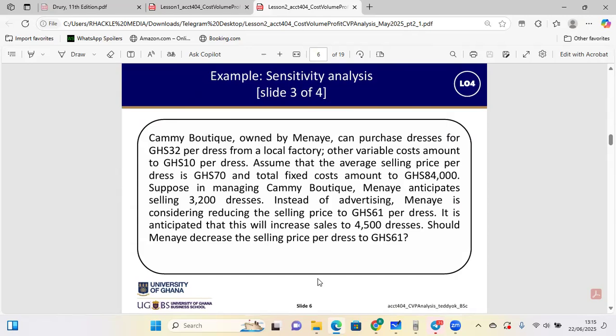When she reduces the price, she anticipates that this will increase sales to 4,500 dresses. So this is the what-if analysis, this is the sensitivity analysis. Should Menaya decrease the selling price per dress to 61?